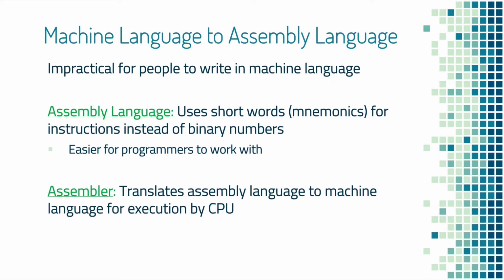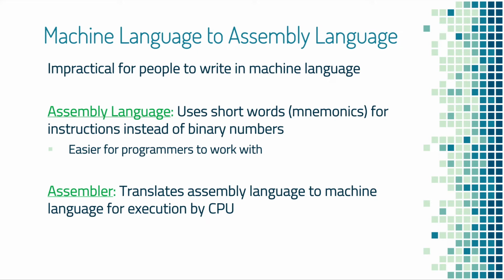So the most basic one, or the most low-level language we can use, is called the assembly language. It uses short mnemonic words for instructions instead of using binary numbers like machine language. The assembler is basically a translator for us. It's going to translate that assembly language we give it into machine language or binary for execution by the CPU.